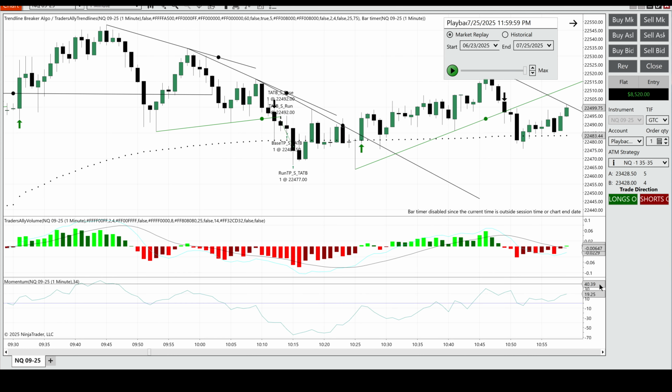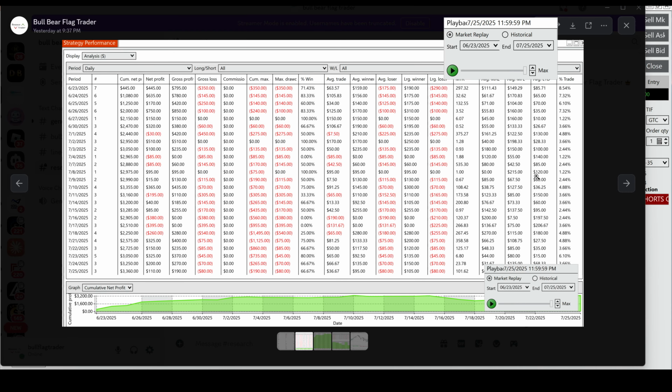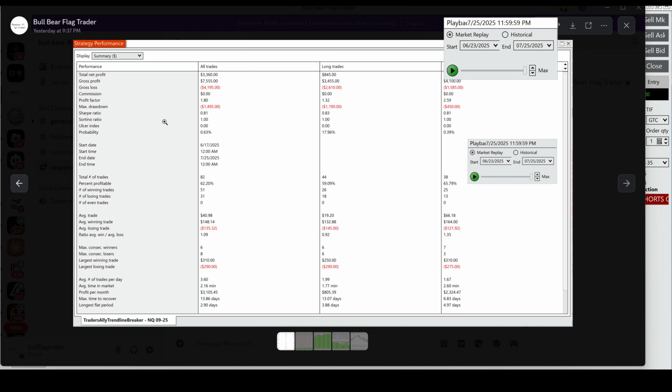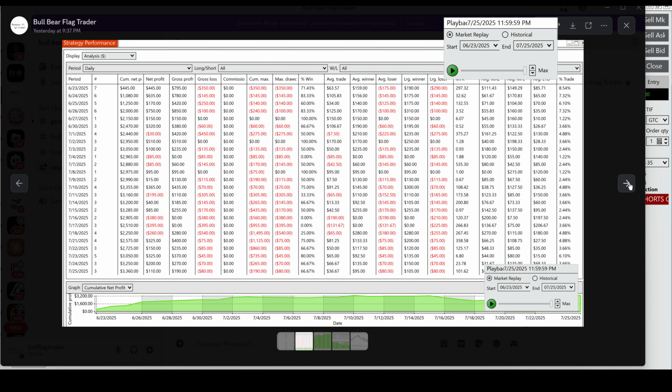So that's the settings for running 2 contracts. If you just want to run 1 contract, I ran that on my previous test, and it was 3360 for 1 contract. It's really good, what I'm seeing right now.